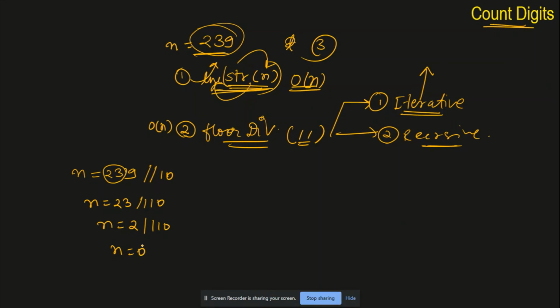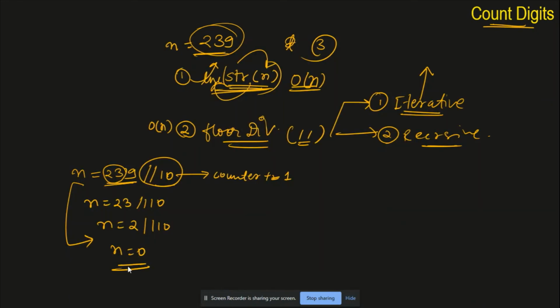So what pattern can you see? We can remove one digit from this big number by floor dividing it by 10, correct? As we remove one digit, we increment the counter by 1, plus equals 1. And we keep doing this until n equals 0.